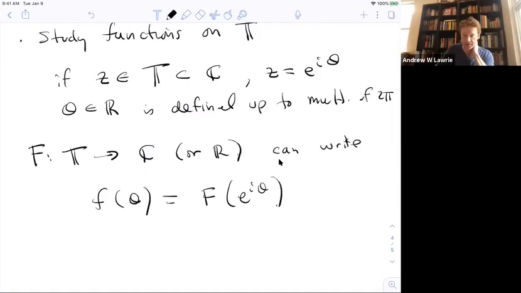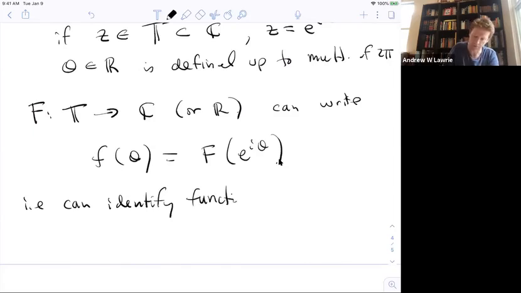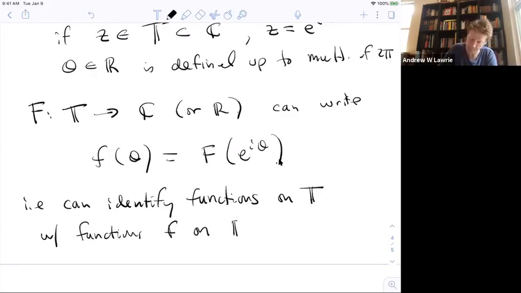What I'm trying to say here is that we can identify functions on the torus, on the unit circle, capital F, with functions little f on the real line that are 2 pi periodic.